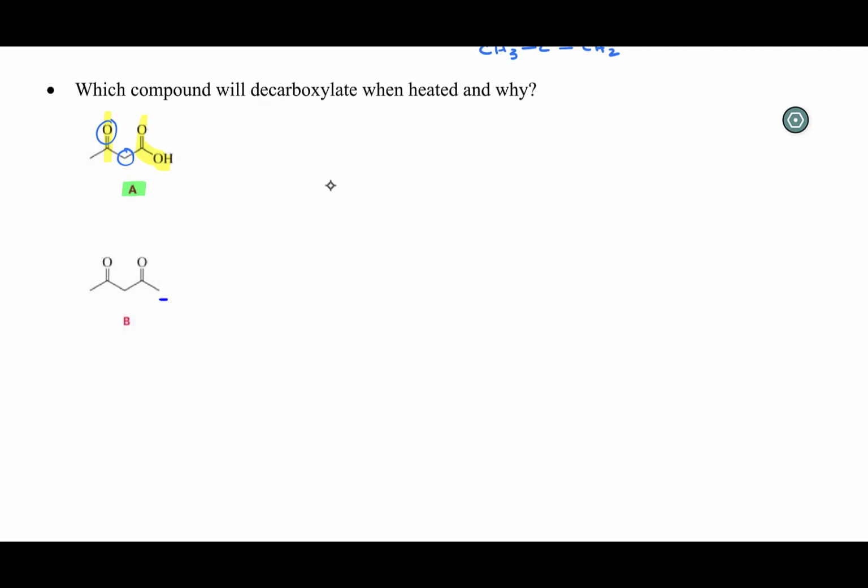Now, an equally important example to understand would be something like this. So now I have a carboxylic acid, which can be decarboxylated if it's stabilized when the electrons in this bond get pushed onto this carbon.